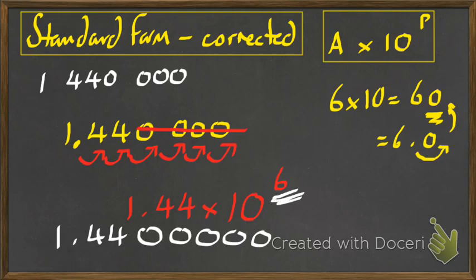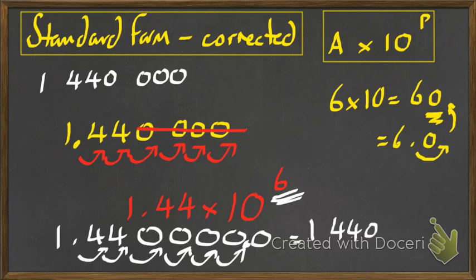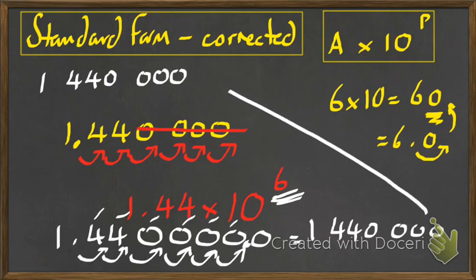So I'm going to move the decimal place 6 places right. 1, 2, 3, 4, 5, 6. And so the decimal place now goes there, which gives me 1,440,000, and that is the same number as that. So I've got it right.